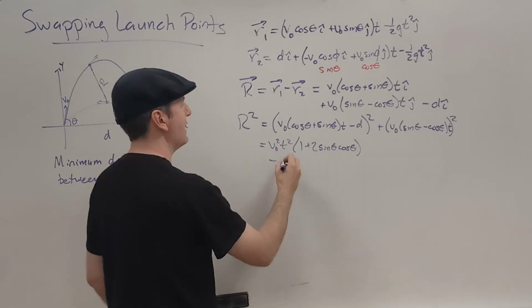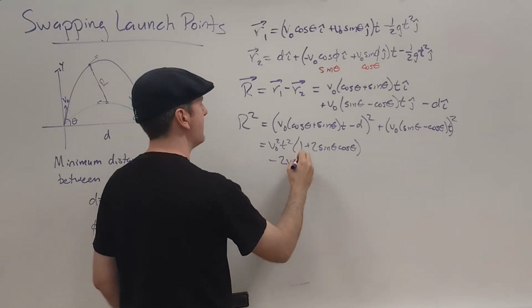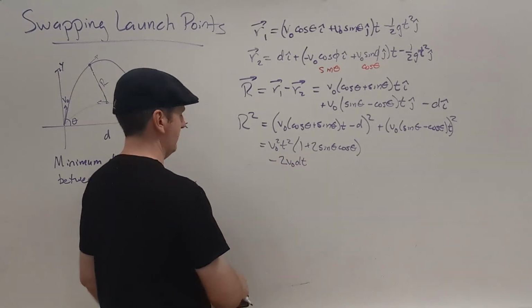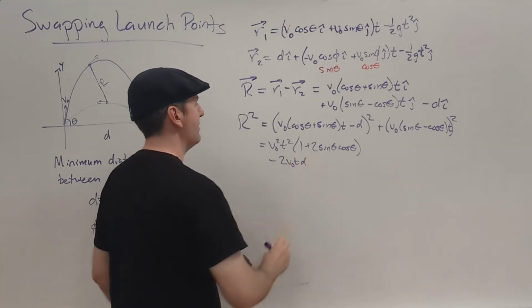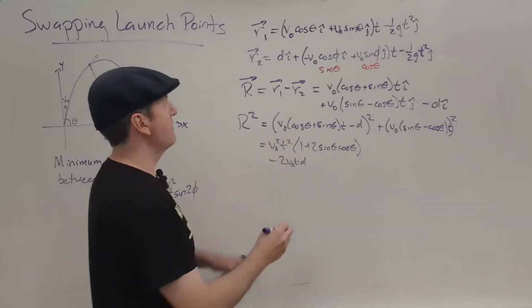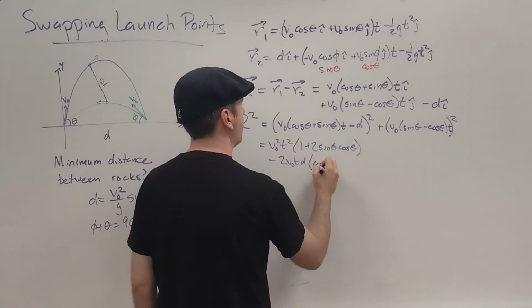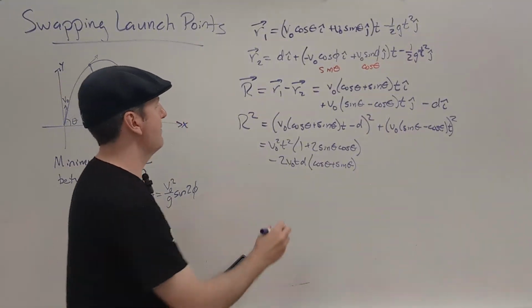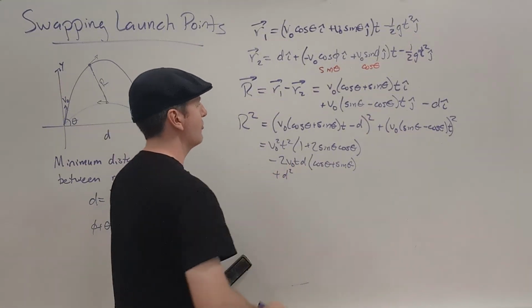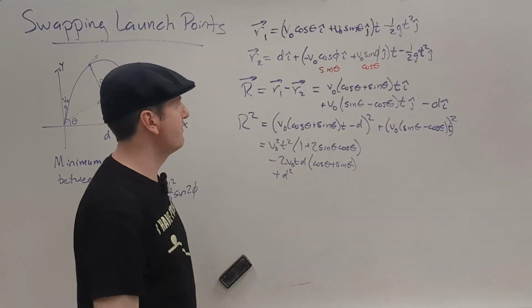I'll also have a minus 2 V0 dt. Maybe I'll write that as t times d so we're not too confused. It's not a derivative or something. Times this sum. Okay, and then I'll have a plus d squared, of course, for the last term.